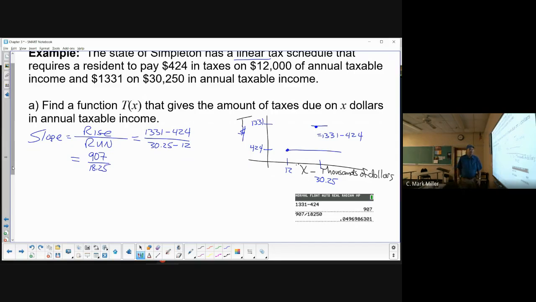So instead I'm going to have 0.1825. I'm going to move the decimal place over 3 times. That's 4.969.